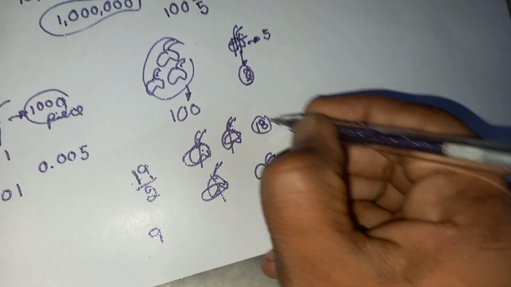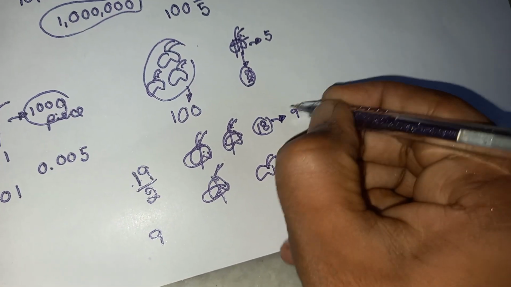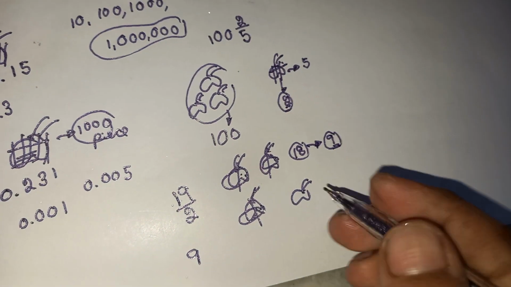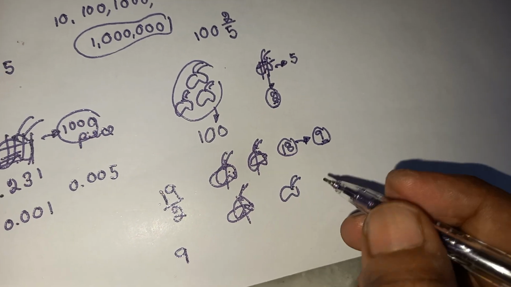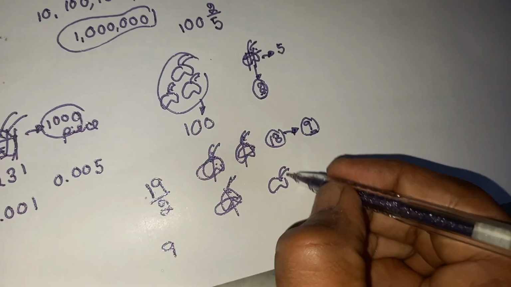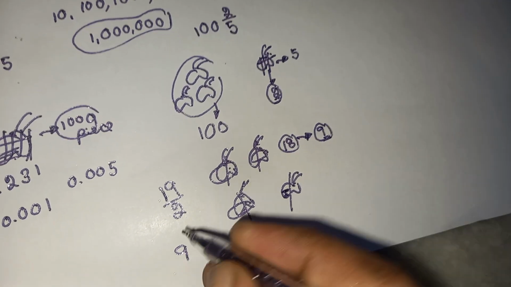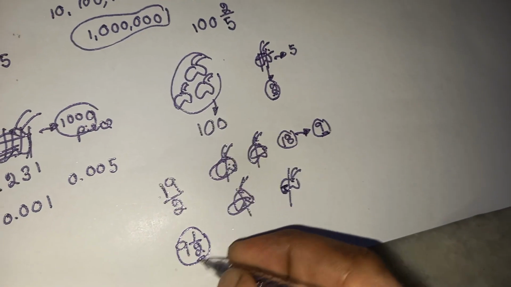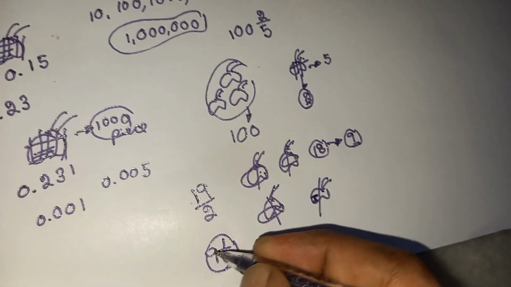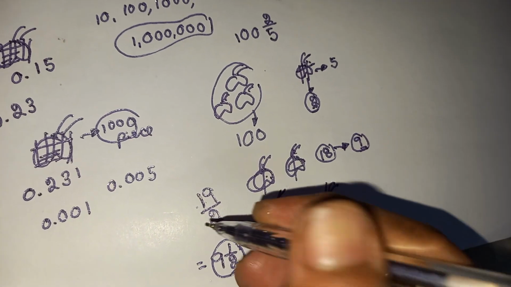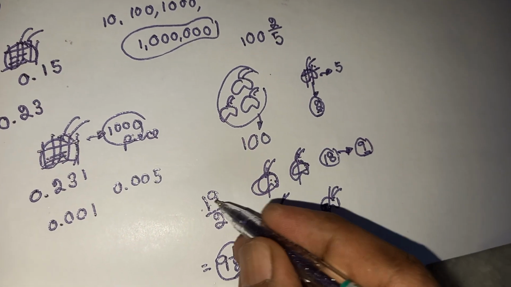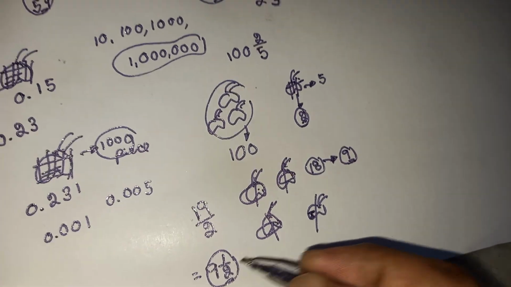That 1 piece, just 1 piece of those 2 pieces, is 9 1/2. That's how you convert 19/2 to 9 1/2. That means 2 nines are 18, 1 remains, 9 1/2.